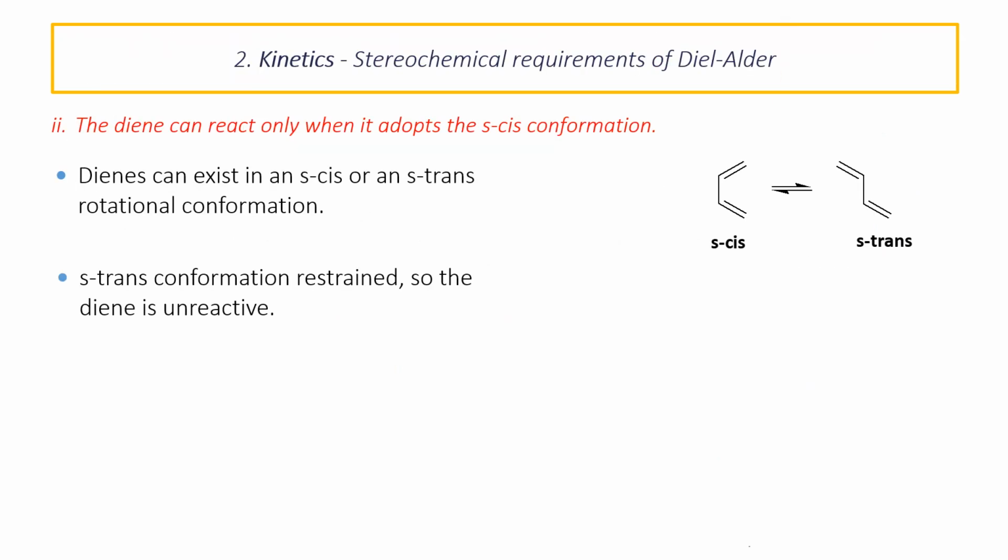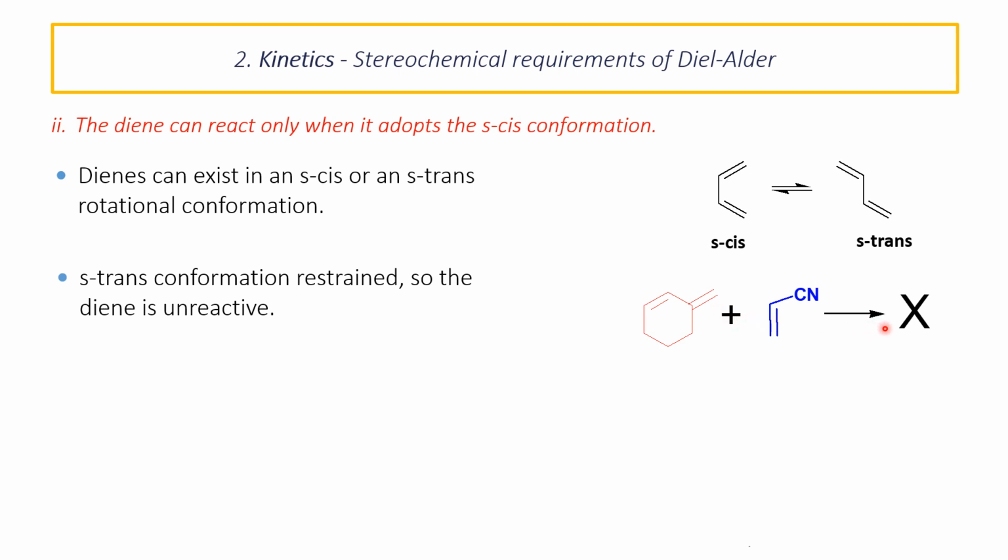There is a stereochemical requirement of Diels-Alder, and that is the diene has to adopt an s-cis conformation. Note, in this diene here, where it's trapped in the s-trans, the Diels-Alder will not occur.